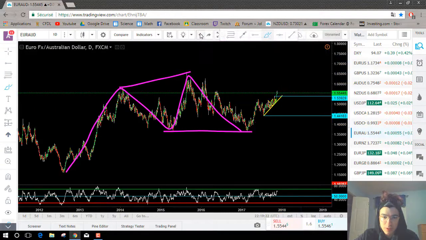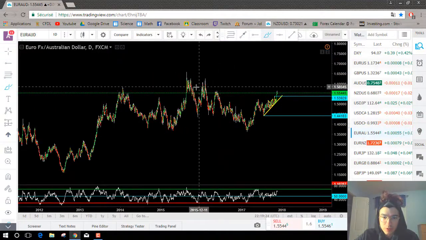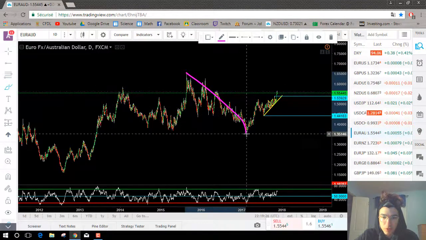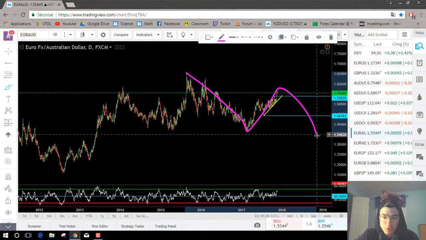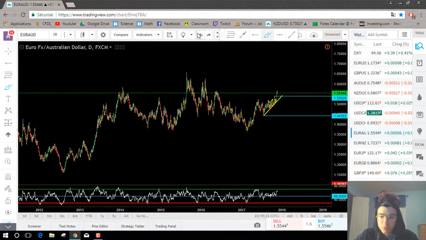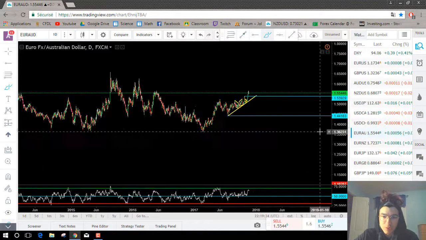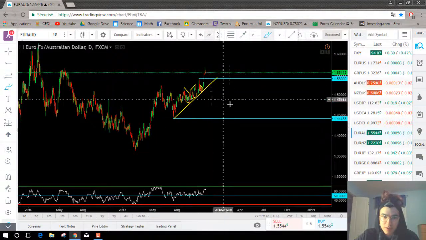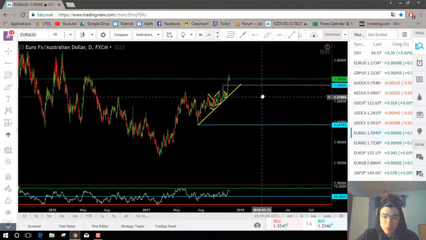That's a possibility. Either the correction right here is not finished, or we're getting 1, 2, and we'll get 3. And after we'll go back up. So these are the two main possibilities on the daily. So this thing can either continue to go up or continue to go down.